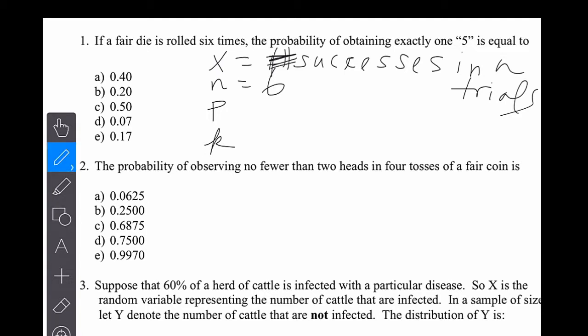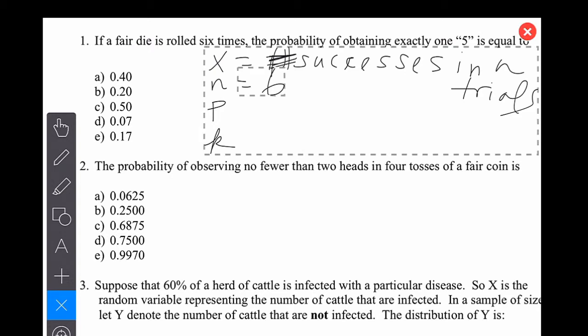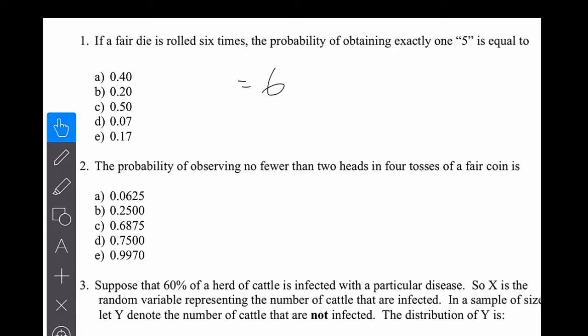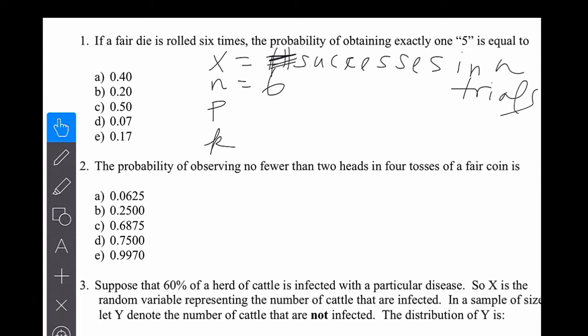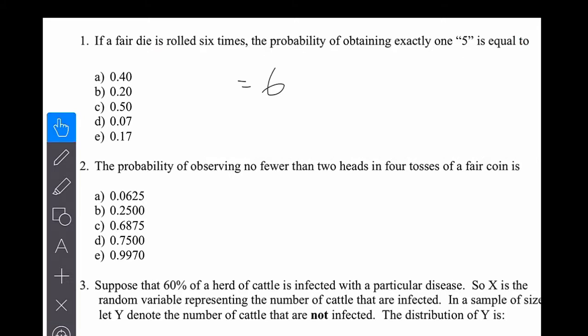So the possible outcomes are... let me write it again because I want to write this as x could be 0, 1, 2, 3, 4, 5, or 6 successes.